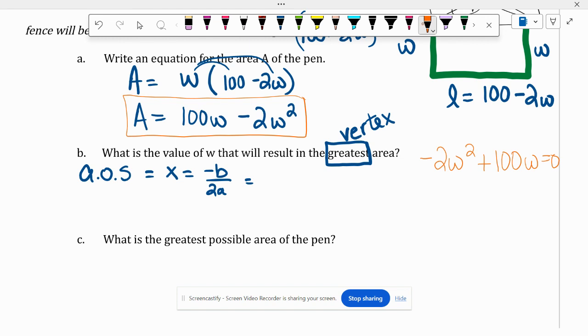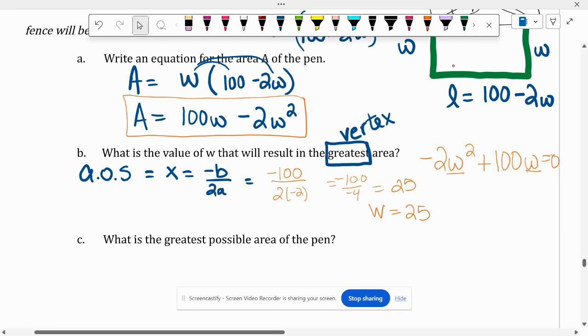So the opposite of b, that's negative 100 over 2 times a, 2 times negative 2. Well, what is 100 divided by 4? Negative 100 divided by negative 4. Positive 25. We just solved for what? W equals positive 25.